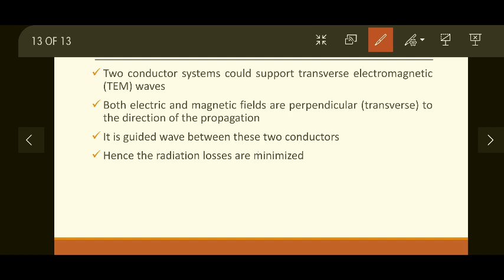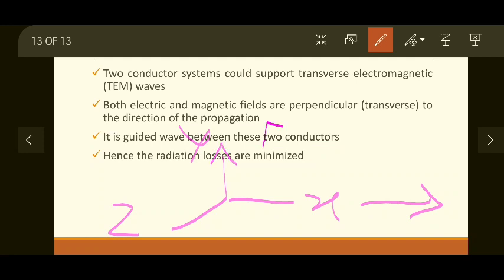So if this is x, this is y, and this is z, and the wave is propagating in this direction, the electric field may be in this direction and the magnetic field may be in this particular direction. So it is a guided wave between these two conductors.